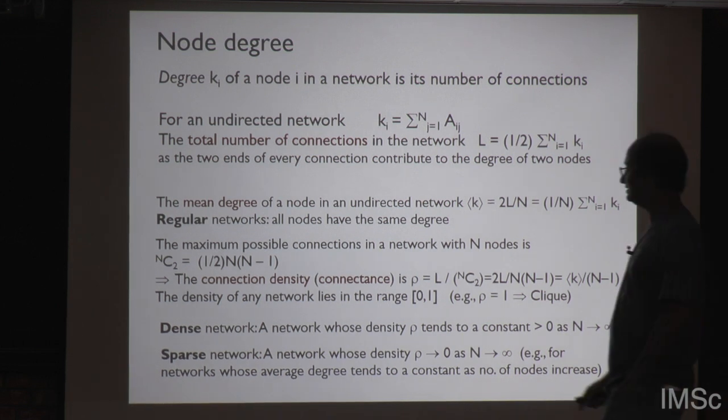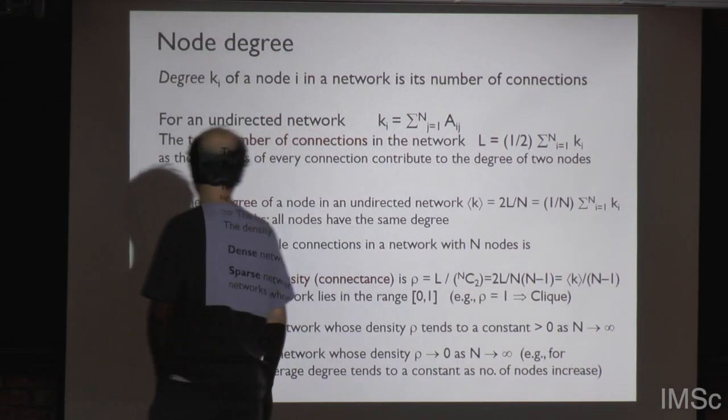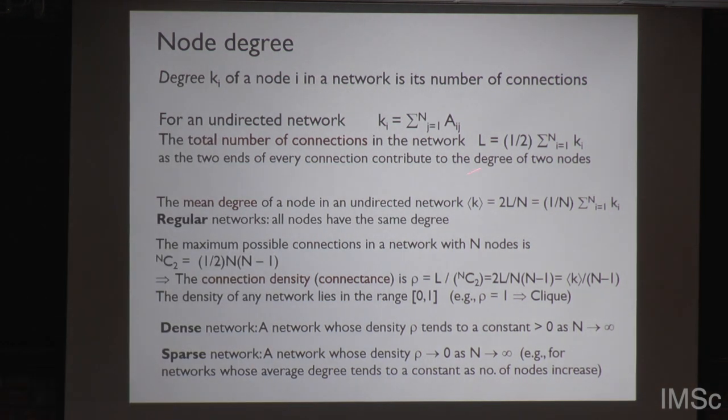So let's look at degree in some more detail. Okay? So as briefly mentioned in yesterday's lecture, you can calculate the degree of any node simply by taking a row sum or a column sum of the adjacency matrix for an undirected network. Okay? And the total number of connections in the network, as we saw in the beginning of today's lecture, is simply you sum over all the degrees and you divide by 2.